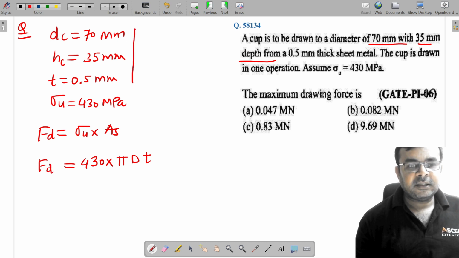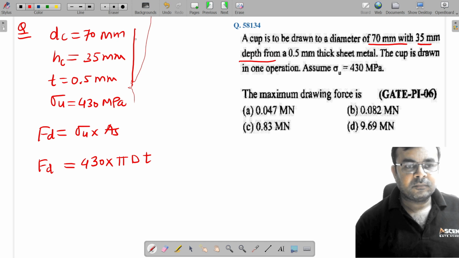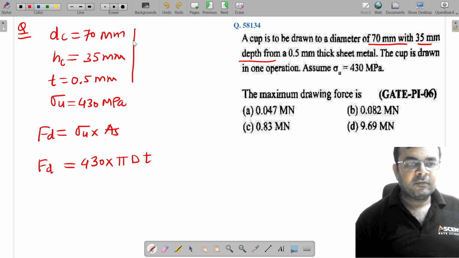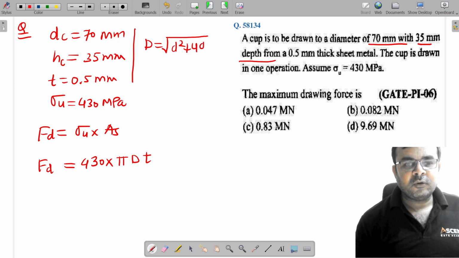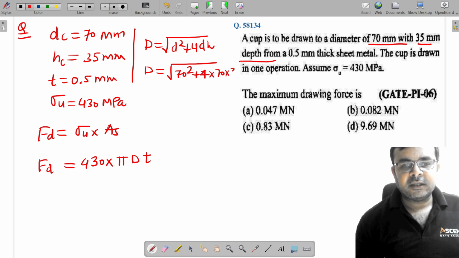So from this, the diameter of the blank is nothing but, we already know this formula, square root of d square plus 4dh, where d is the diameter of the cup. So you just put the value here, then simply here we get 70 square plus 4 times 70 into 35, correct?